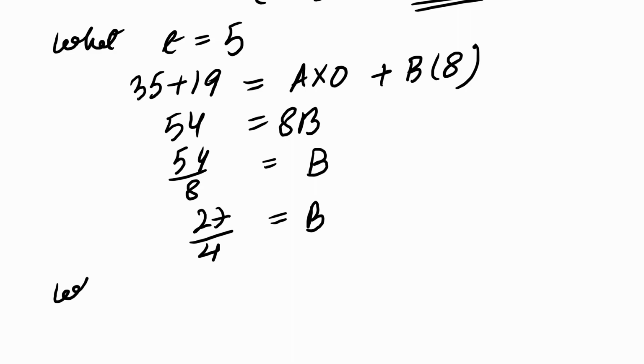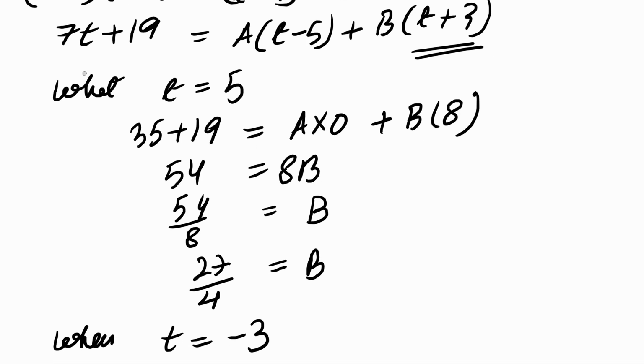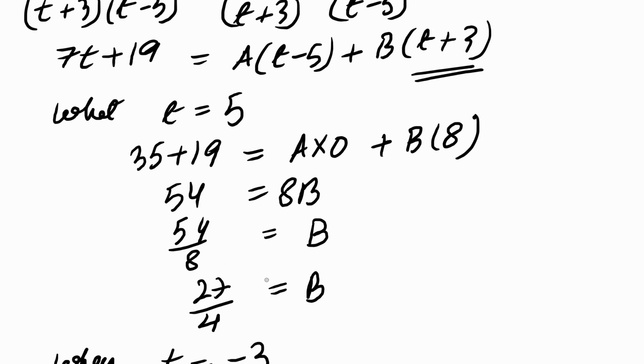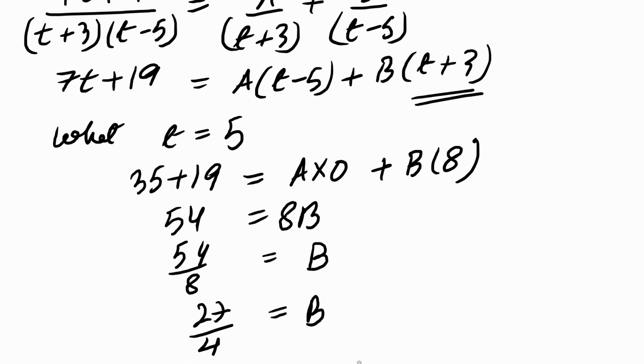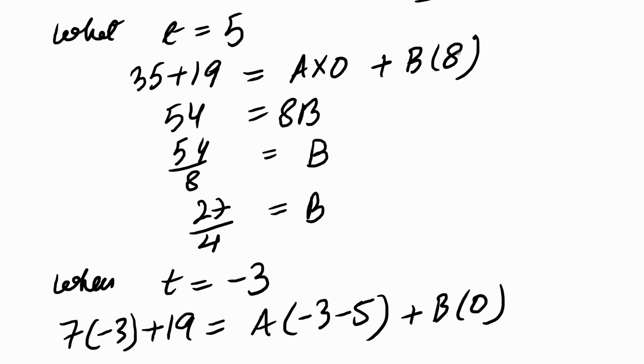When t is equal to minus 3, what will I get? 7 into minus 3 plus 19 is equal to A into minus 3 minus 5 plus B into 0, because minus 3 plus 3 will become 0.